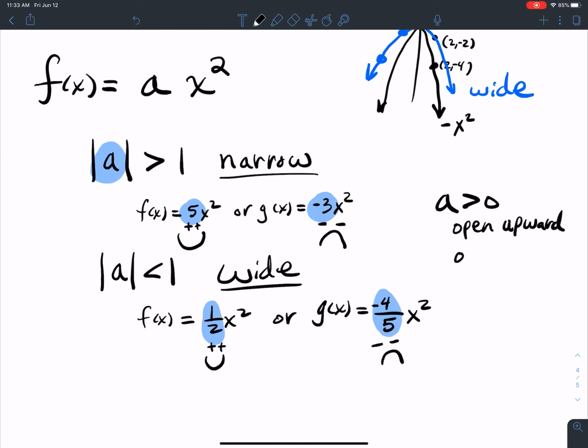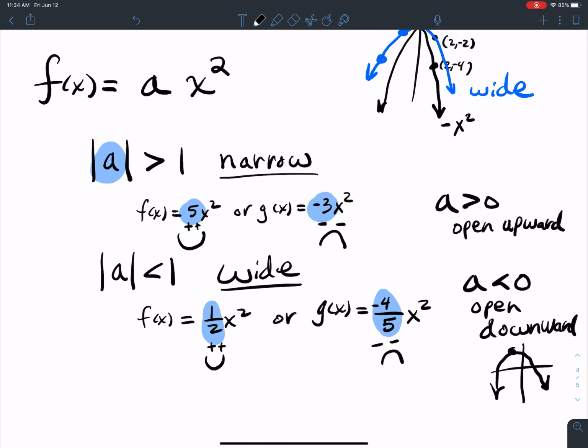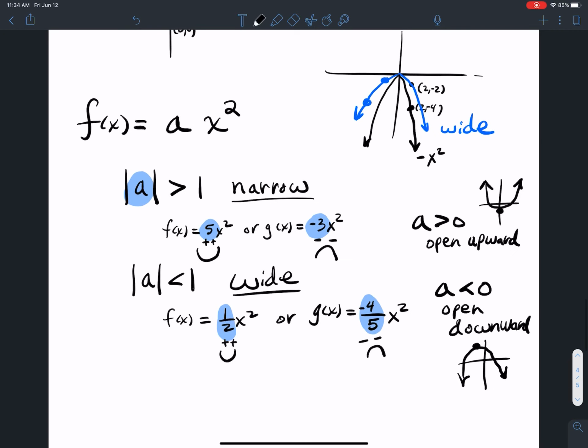If a is less than 0, then we open downward. Opening downward would be like this. Opening upward would be like that. All right. So that kind of sums up your stretching and compressing vertically.